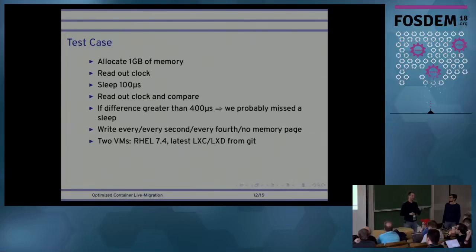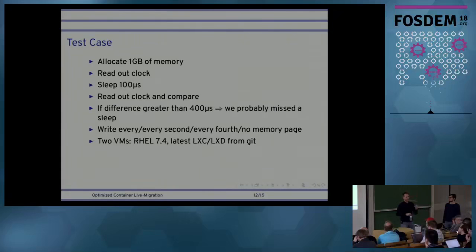And if we do an actual migration, the number of missed sleep cycles is like 20,000, so the number is really big there. But we can then read out that number from the logs and try to calculate backwards how much time the process was actually sleeping during the migration.